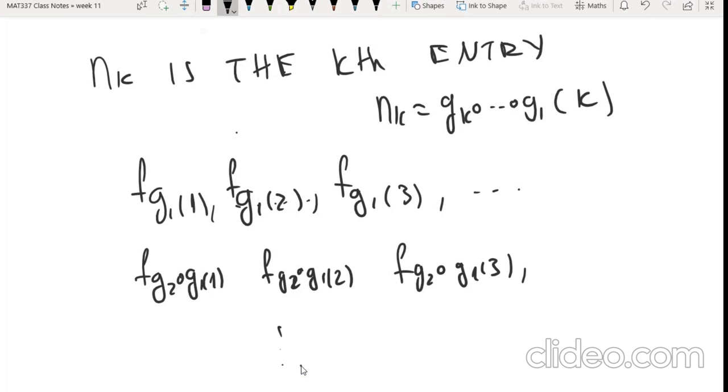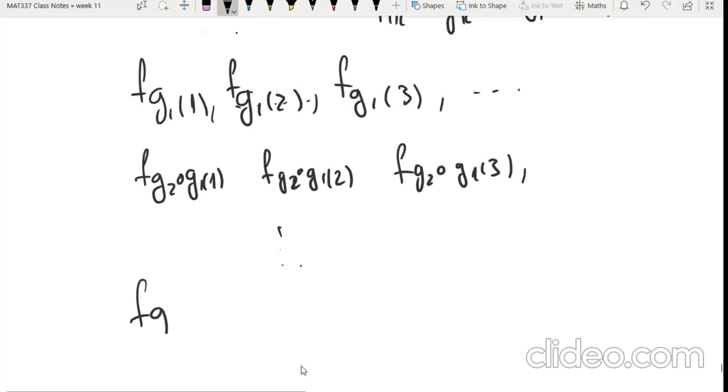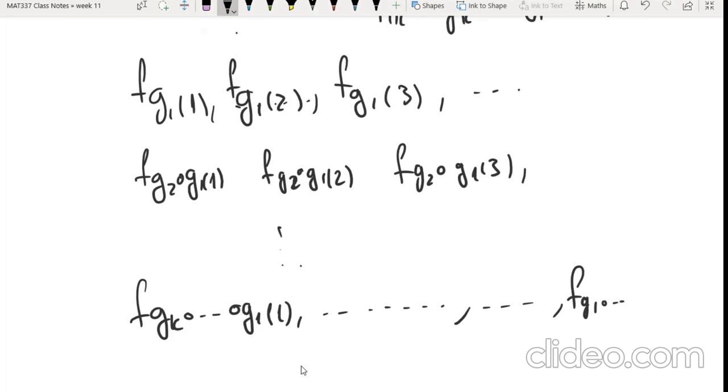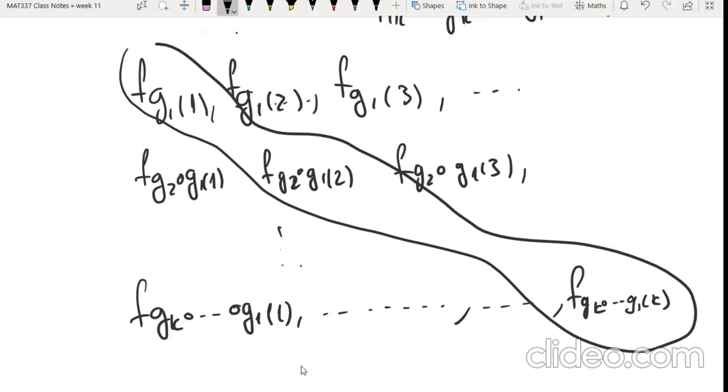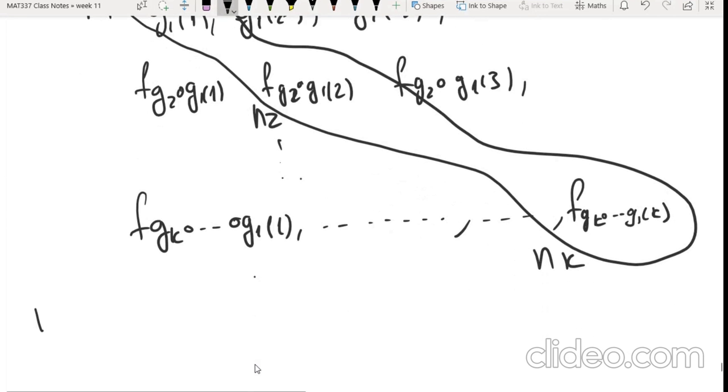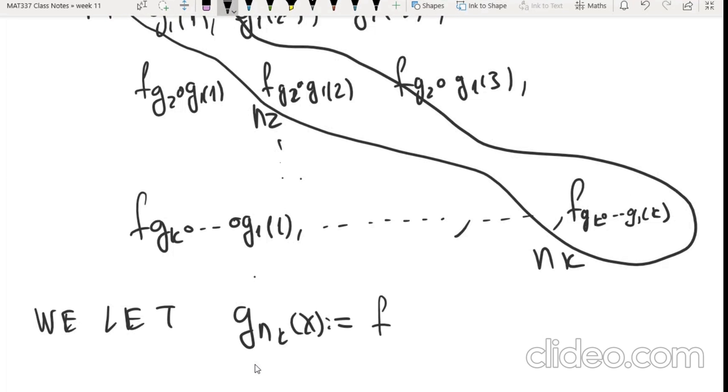So repeat this, and we get F of G_k, F of G1, and then they take this diagonal. That's why it's called diagonalization, right? So this guy is n_1, this guy is n_2, this guy is n_k. And we let G_k of x equal F of n_k.